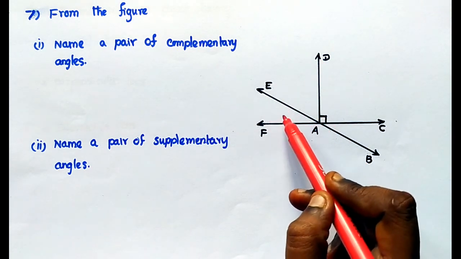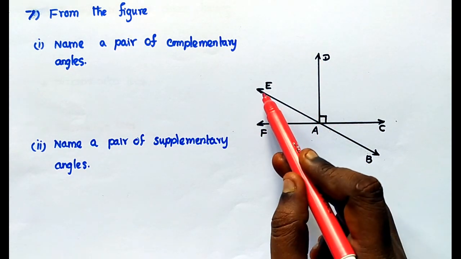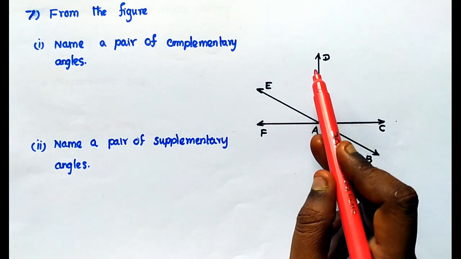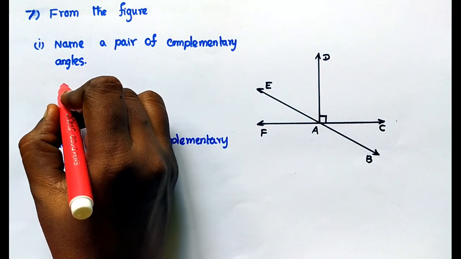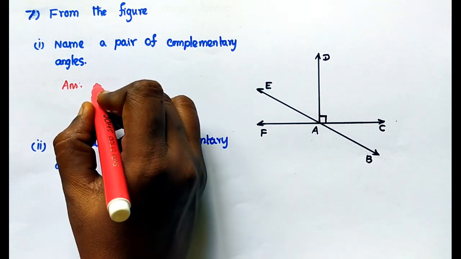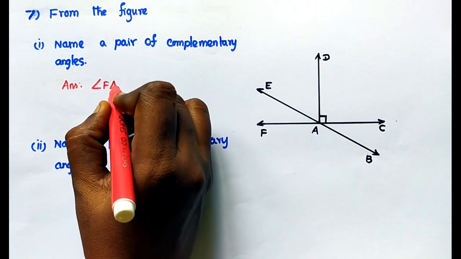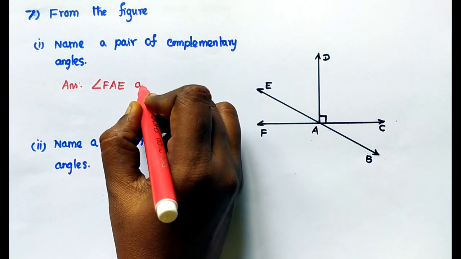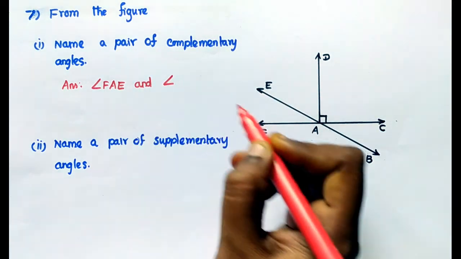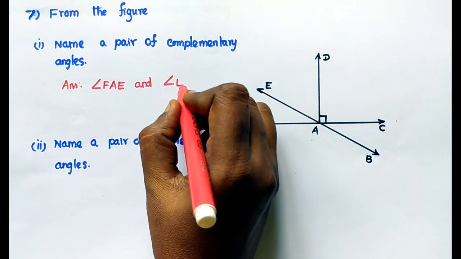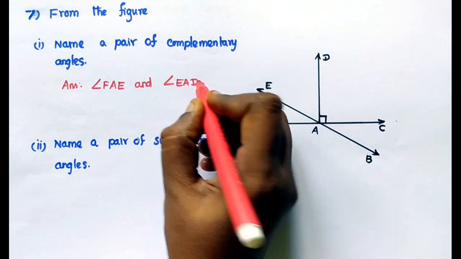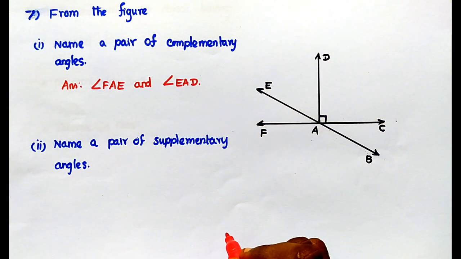It is split into two angles. So FAE and EAD are the complementary angles. So answer FAE and EAD. That is the complementary angle.